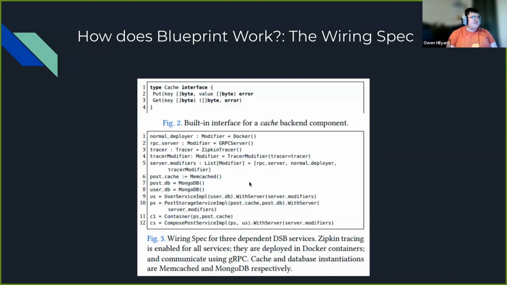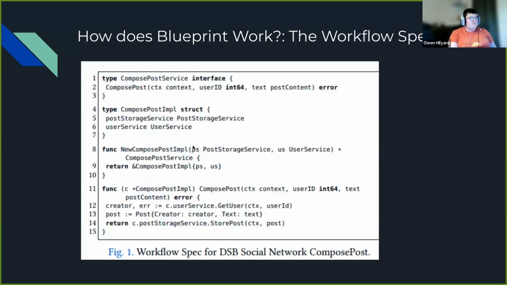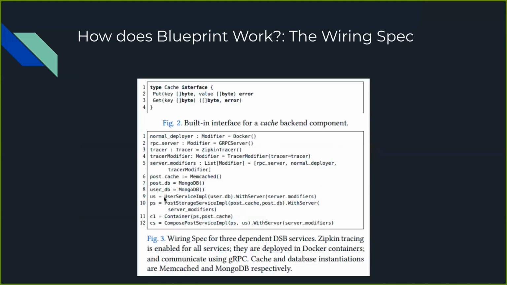So the compose post service doesn't need a cache, but the post storage service needs a cache and a database. Did we see that in the signature in the previous slide? No, we need a post storage service here, and in this you can see it is composed of a cache and a database.